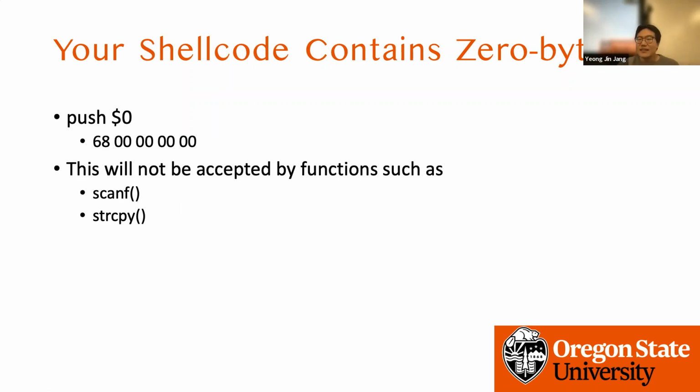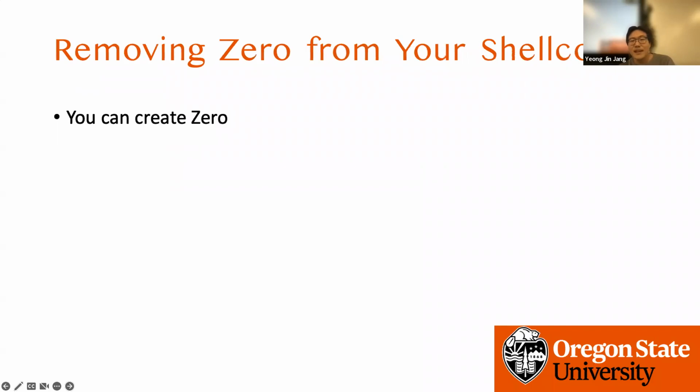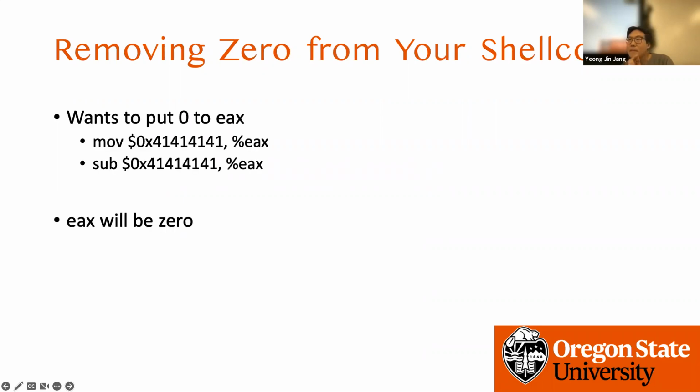How you can remove 0 is that we don't have to put the immediate value 0 to have 0. That means you can create 0. Can you see how we can create 0?